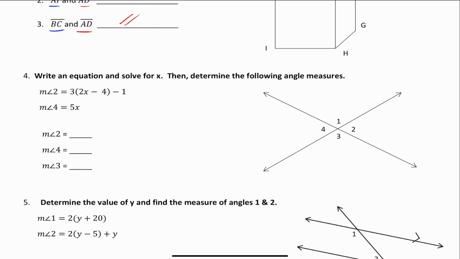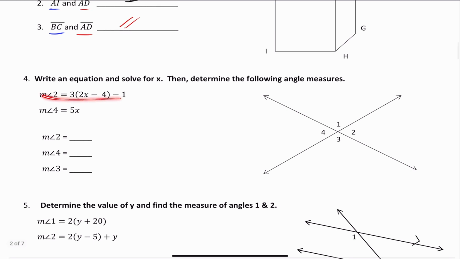So the measure of angle 2 is 3 times the quantity 2x minus 4, minus 1. And the measure of angle 4 is 5x. Just based on this picture, I have these two lines that intersect and they form an x.